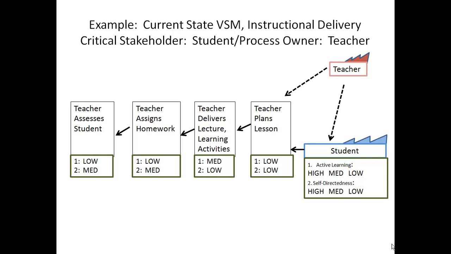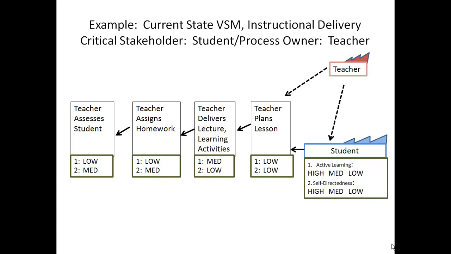Teacher assigns the homework as the next step in the instructional delivery. In terms of active learning, very low for students, and we're going to hit a metric of medium in terms of self-directedness. The student does have to take responsibility for doing the homework, getting in a study group if they need to, looking up answers and asking people for help if they need it, and so on.